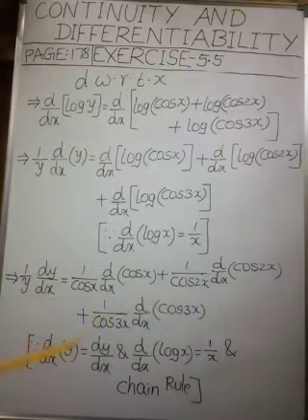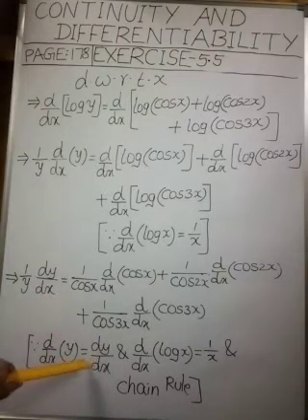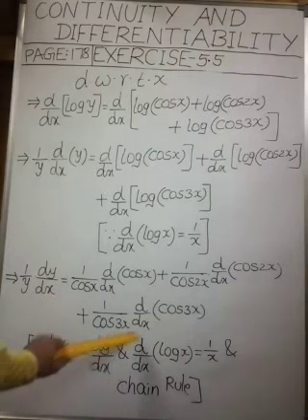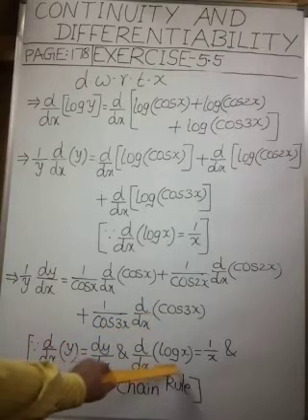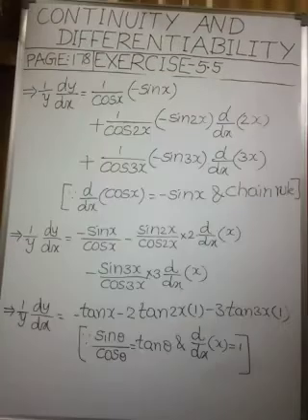So in this step in RHS, I used in LHS d by dx of y means dy by dx. In LHS I used this result, and in RHS I used d by dx of log x formula, that is 1 by x, and I used here chain rule also. Understood, my dear children?